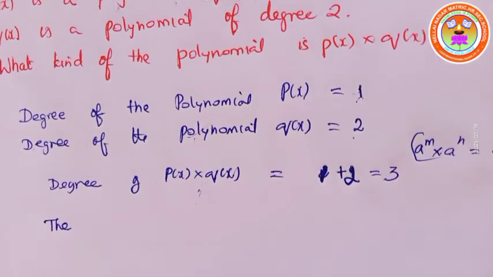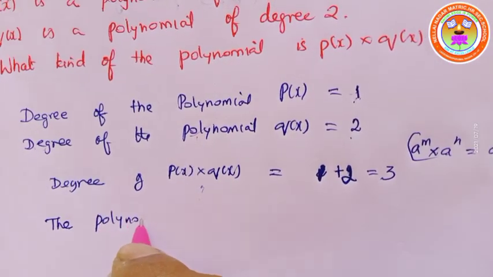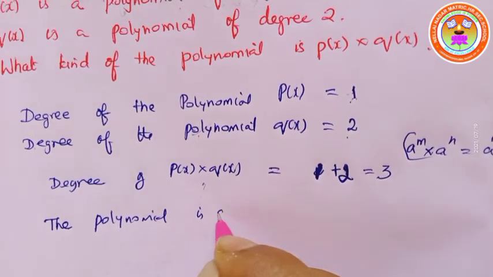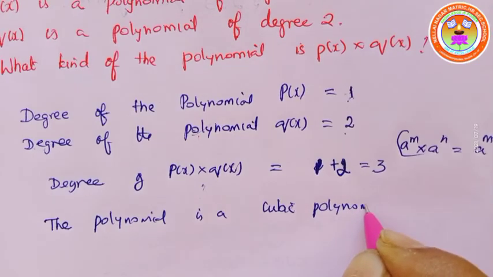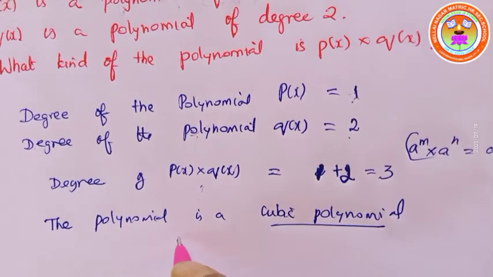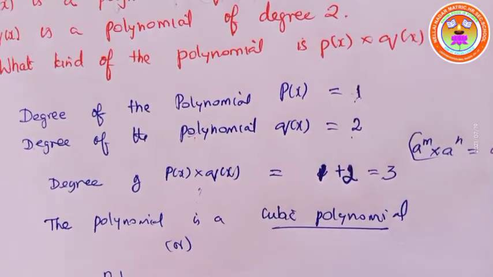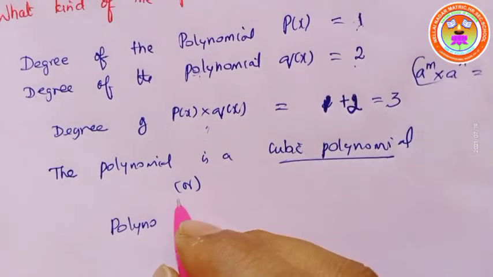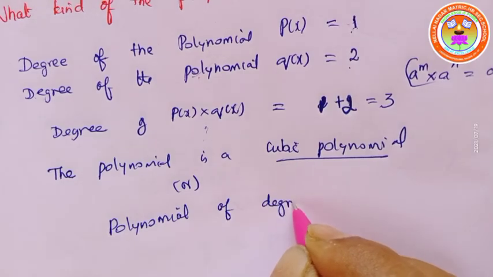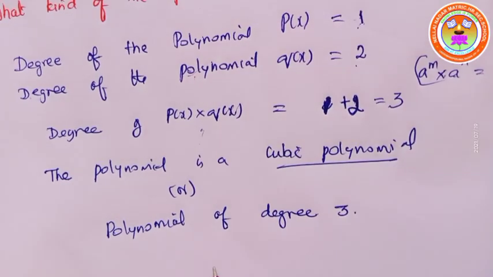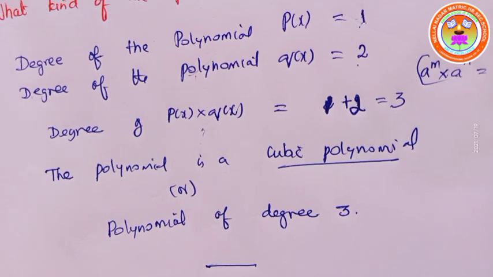The polynomial is a cubic polynomial, or a polynomial of degree 3. It's clear, children? By this we are completing exercise 3.1. Thank you.